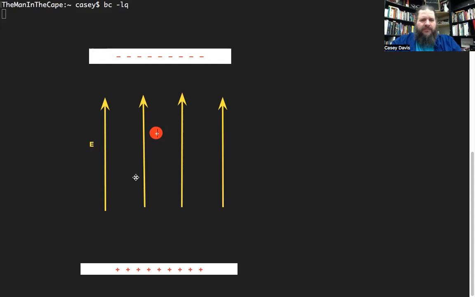Let's say you've got charge positive Q and then another charge with the same amount of negative charge somewhere else. Let's say over here, negative Q. And let's say these are linked together by a plastic rod.